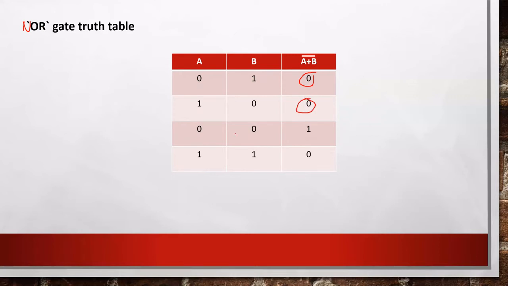If you pass 0 and 0, it should be 0, but since you are getting the opposite, you will get 1. 1 plus 1 is 2. In the usual operator, we consider 2 as 1 since we are dealing with binaries. But here we are getting the opposite, or the inversion, so the 1 becomes 0. So that is how the NOR gate works.